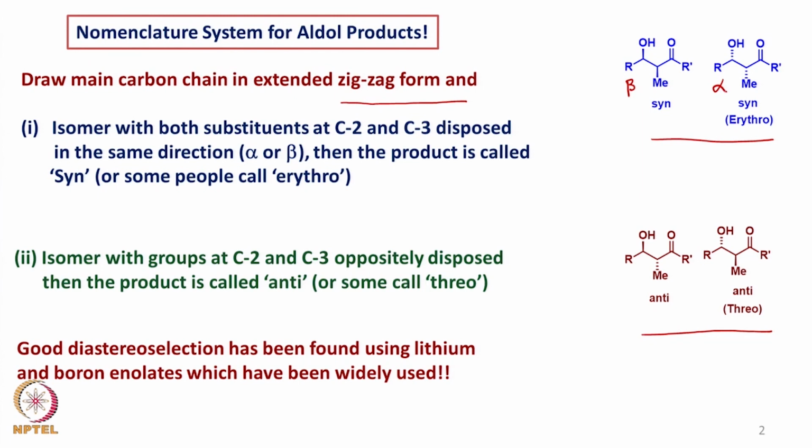When the C2 and C3 groups are oriented in different directions, like here this is alpha and this is beta, and here this is beta and this is alpha, they are opposite to each other, therefore these are called anti products.